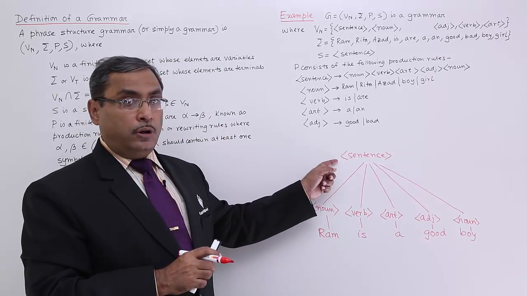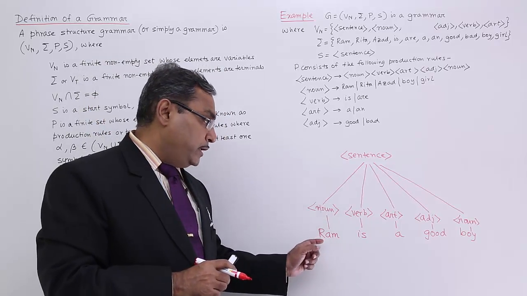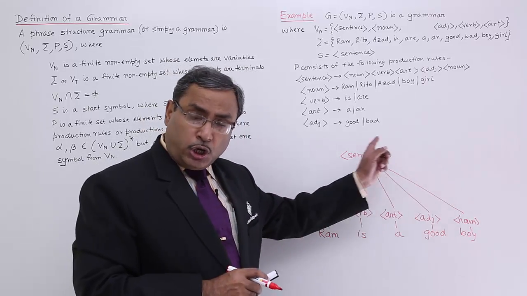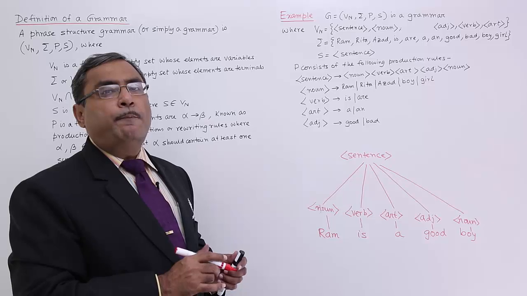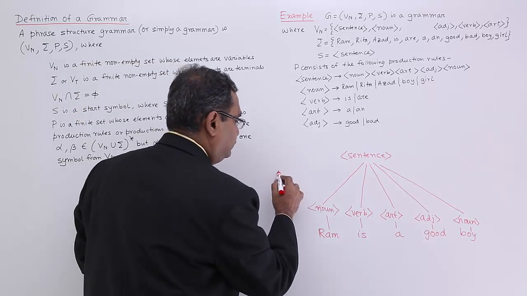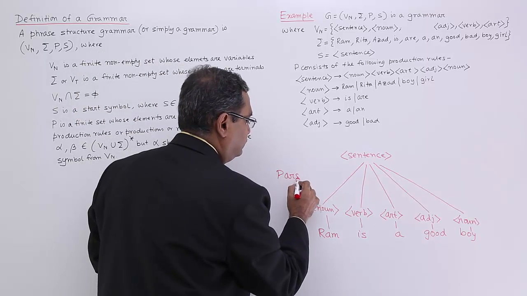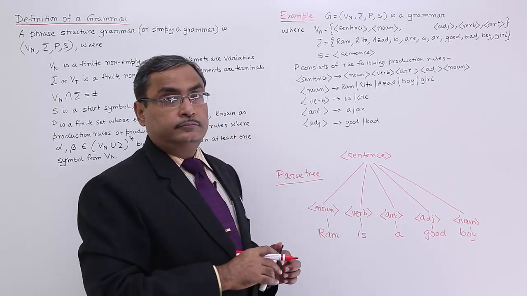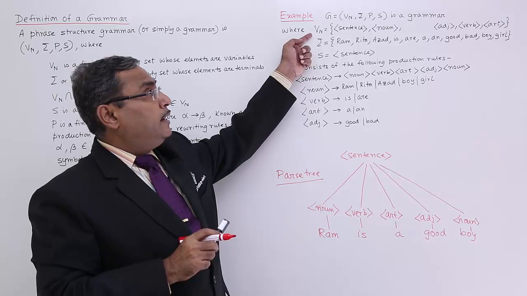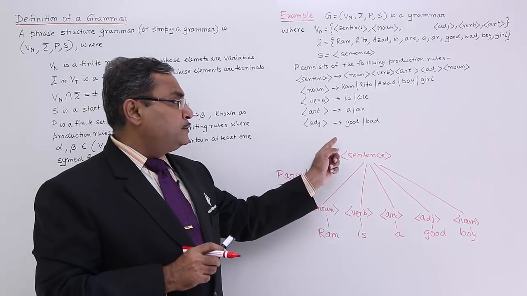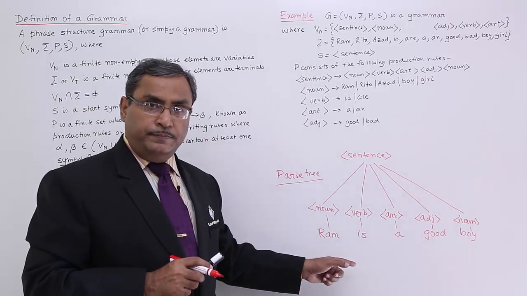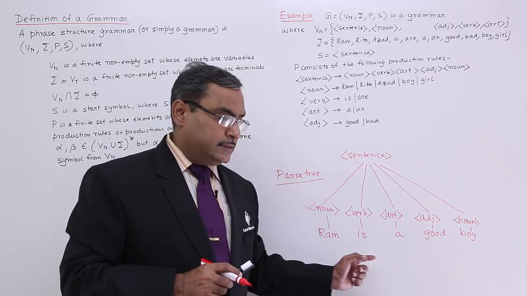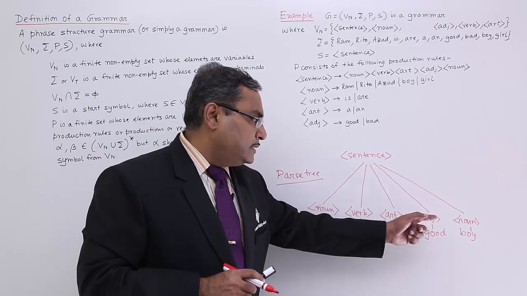From the start symbol, you can reach this particular Ram is a good boy. This sort of tree is known as a parse tree. So this is my grammar, this is my parse tree, and this is my sentence. Ram is a good boy is a sentence.